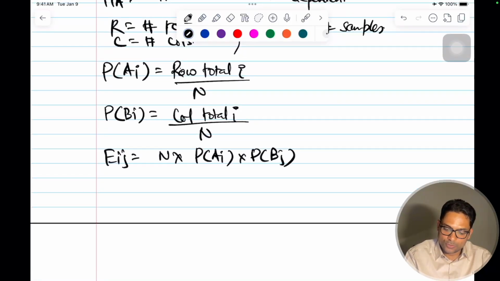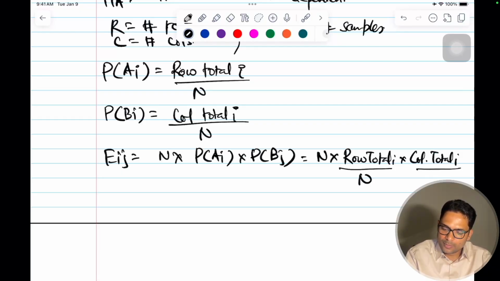So now let's do this. So n is here, and then row total i by n into column total j by n. This is the expected value for ij. So this n and this n cancel out.